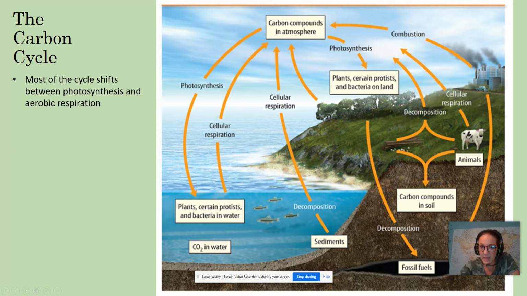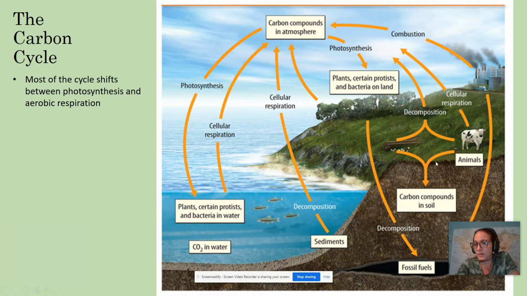In this case, we had photosynthesis that made grass. The cow ate the grass. Some of the carbon was converted through cellular respiration back into carbon dioxide in the atmosphere, taken in by the plants through photosynthesis, eaten by the cow. The cow can also release carbon in the form of its waste, and its waste material can be incorporated into the soil by bacteria.